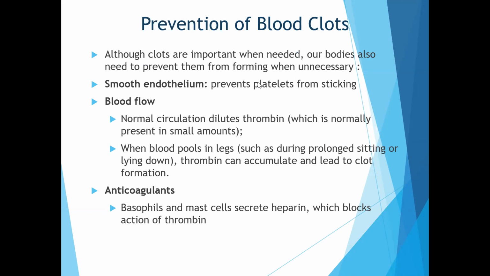The blood flow itself helps prevent blood clots. So our continued circulation dilutes thrombin, which is what activates that fibrin. So even though the thrombin is there, it's not concentrated enough to trigger a clot.